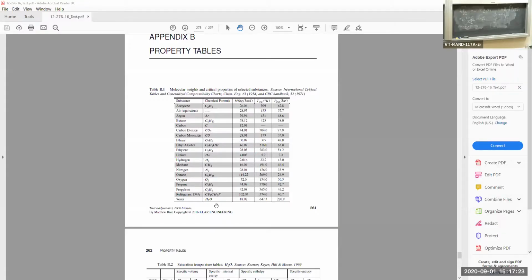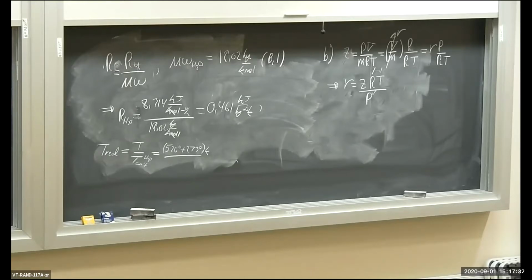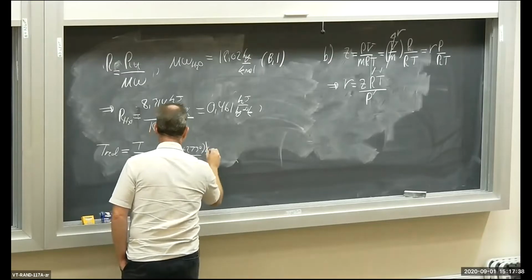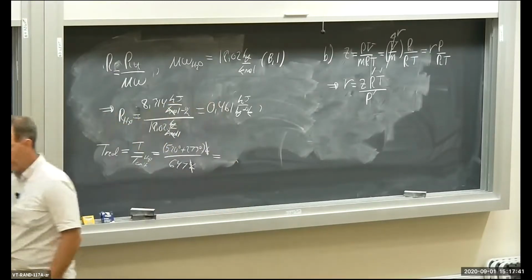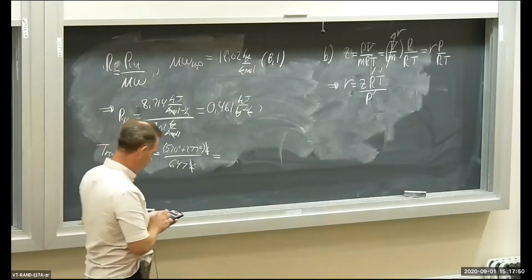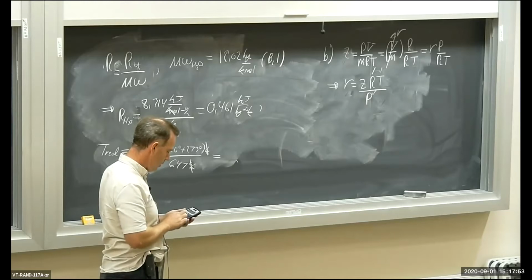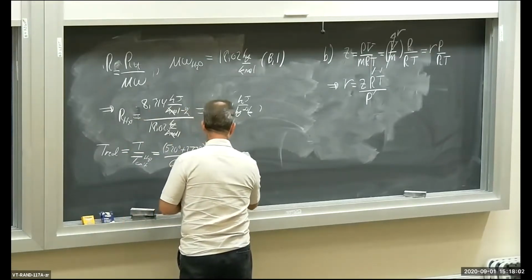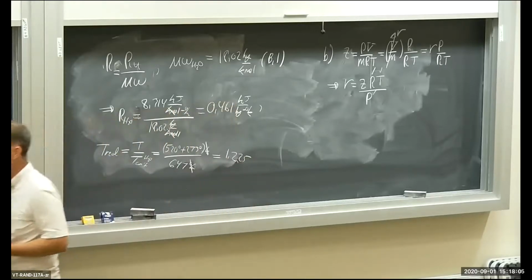Table B1, critical temperature, water, 647.3 Kelvin. 647 Kelvin. Kelvins cancel out, and I get a reduced temperature. Let's see here, 520 plus 273, divide by 647. I get 1.225. Okay, that's the reduced temperature, 1.225.